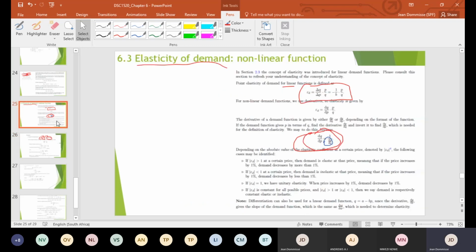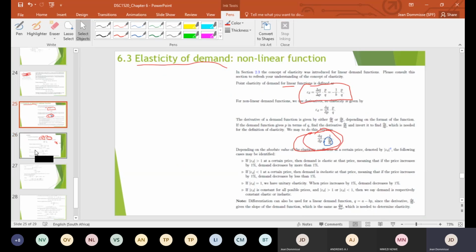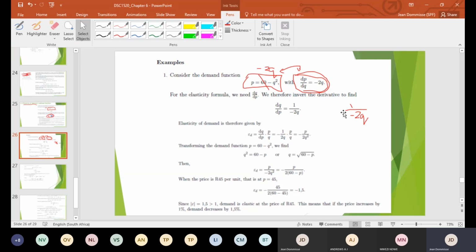So if you look at what they tell us, it's 1 over that. So basically what we need to do is say, okay, we've got that 1 over minus 2q. Now we need to go back to that original function, and let's do that times p over q.